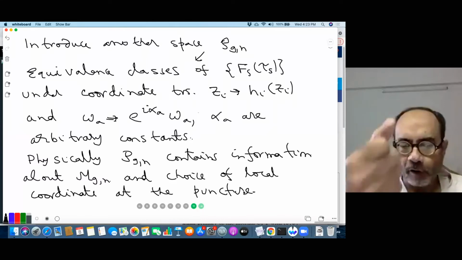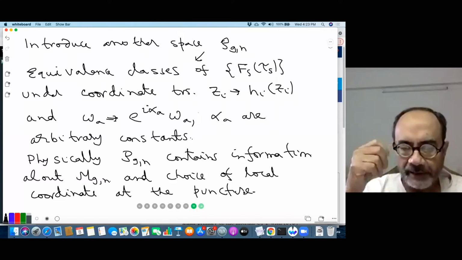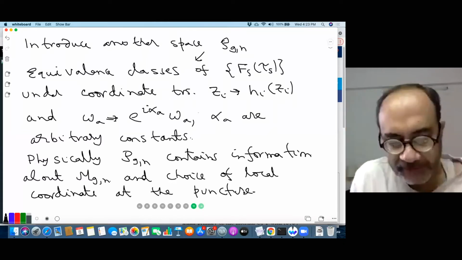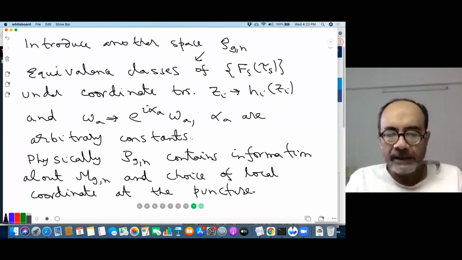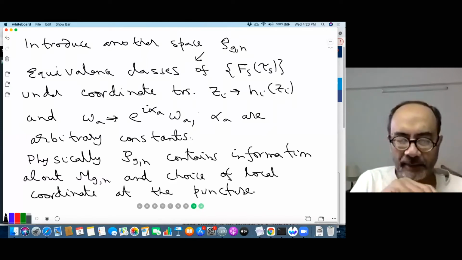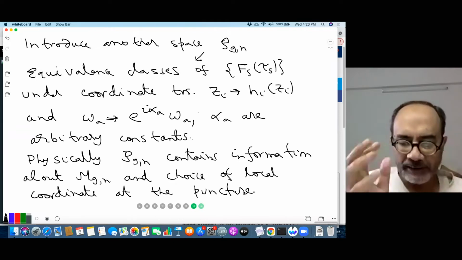If we think in terms of the example on the sphere, imagine you have fixed the locations of the punctures. That fixes where in the moduli space you are, but you still have a choice of changing the local coordinate system around each puncture, and that information is in PGN.